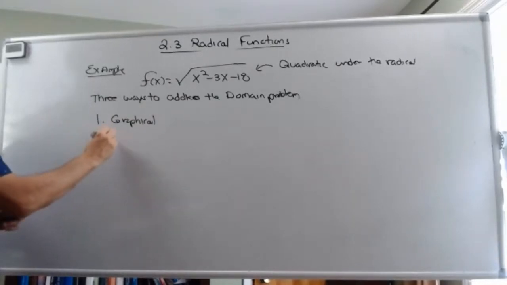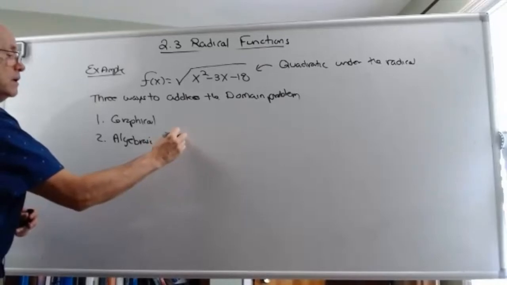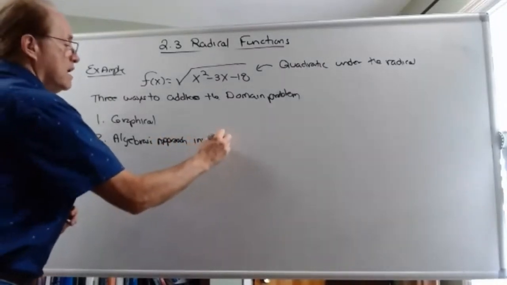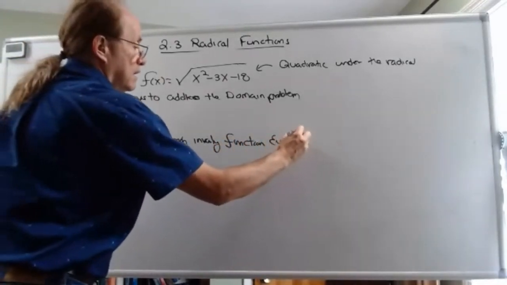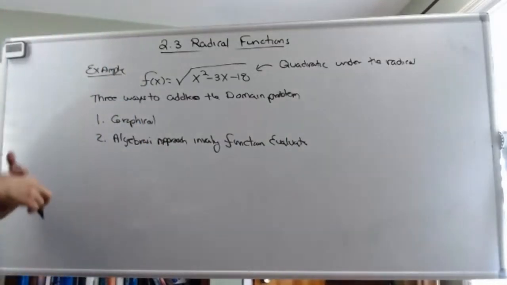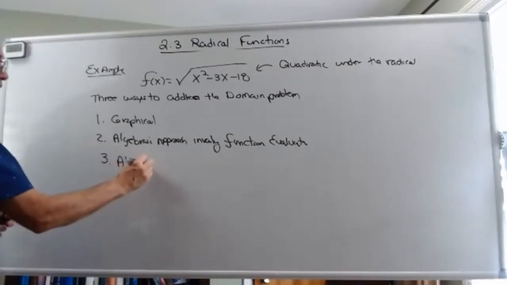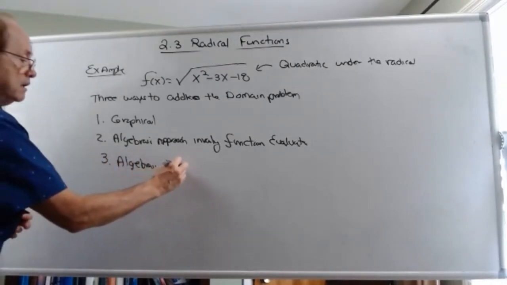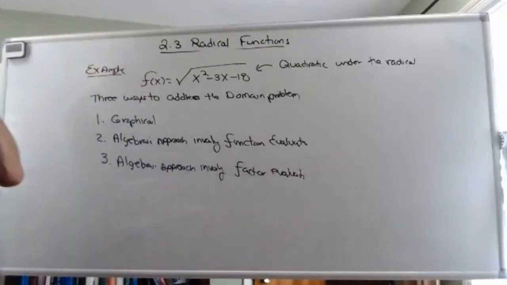The second way is an algebraic approach to solving a nonlinear inequality involving function evaluations. The third way is very similar to this, but it's a little easier. It's a little bookkeeping approach, and it's also an algebraic approach, involving factor evaluation. I'll show you each of them, and then you'll see how it will be duplicated.